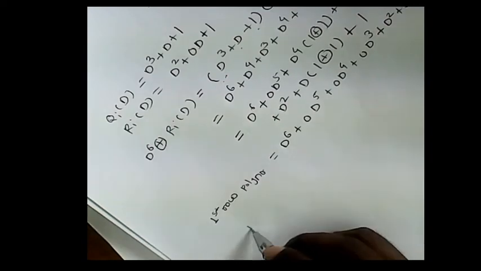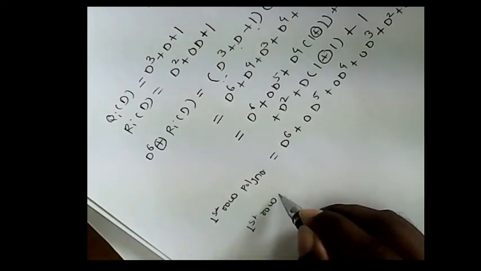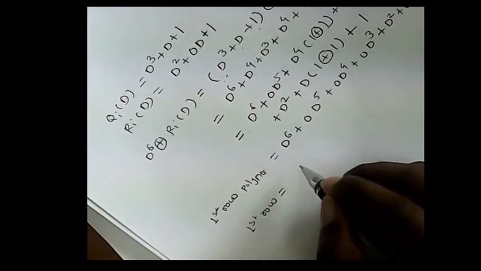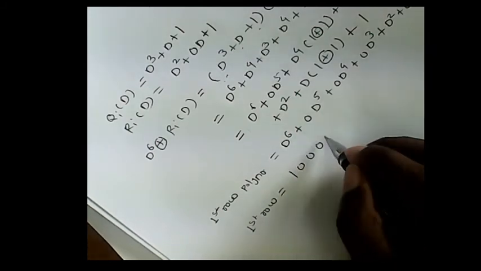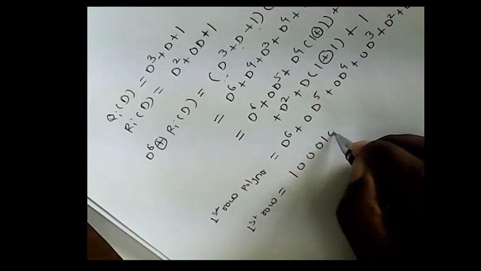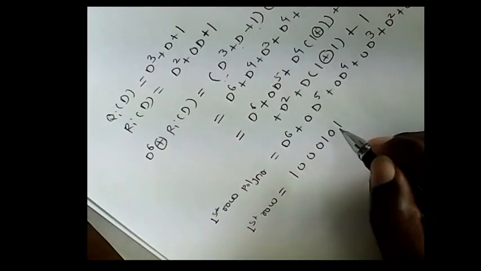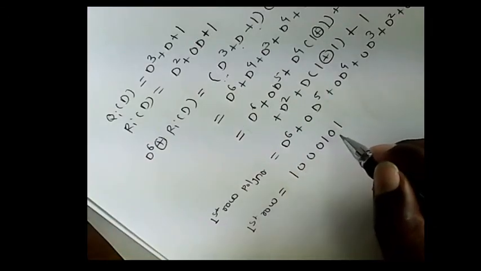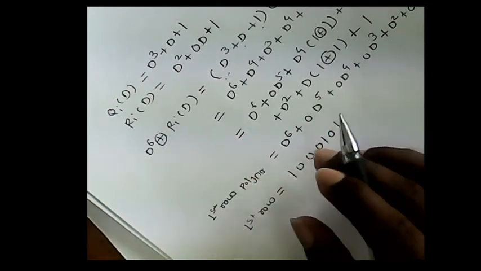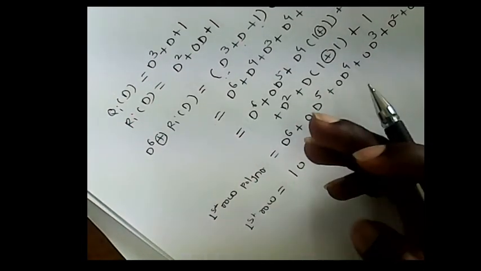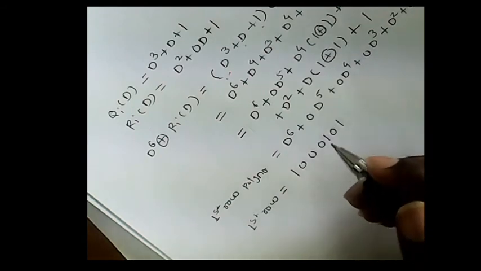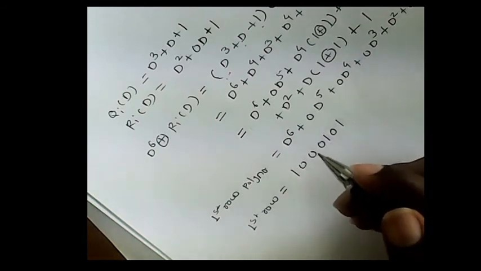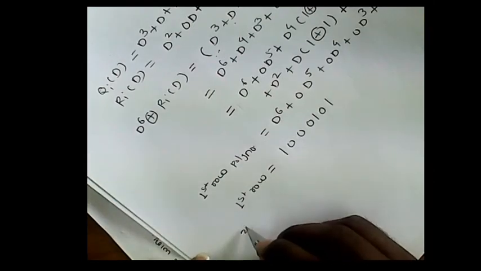Okay, so the first row element in binary format we can write down as 1 0 0 0 1 0 1. By using the same procedure we obtain the other rows.